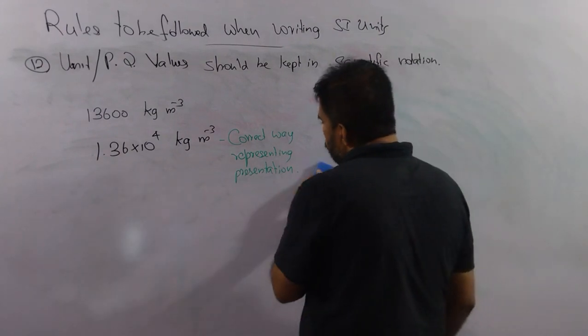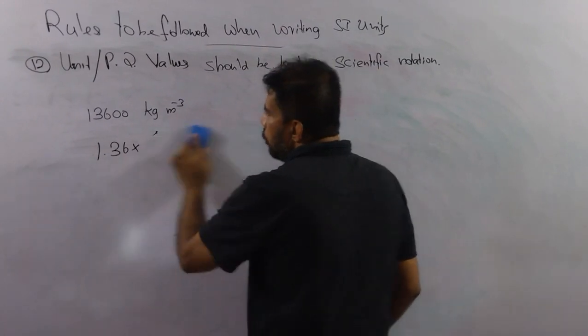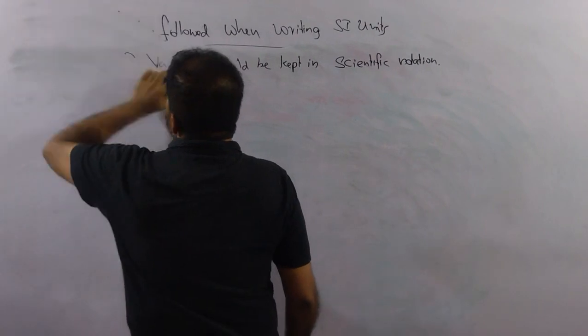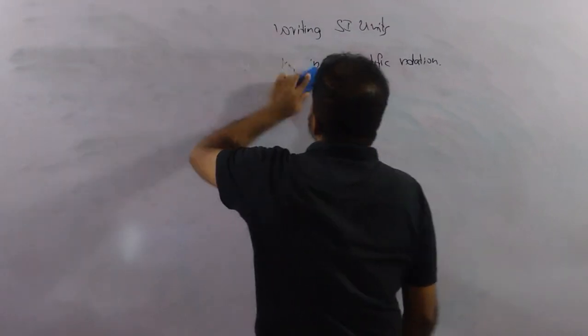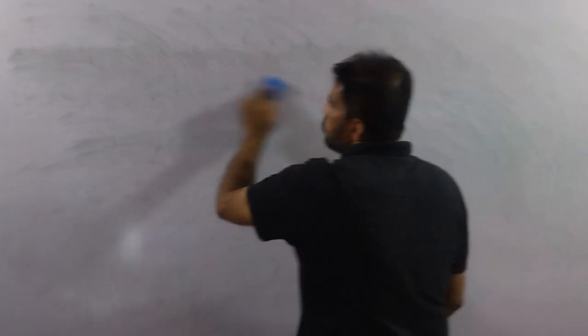Hope that is clear. So I'll erase it and we'll move to the next section, that is dimensional analysis. If I read out, then you can let me know. If not, then I'll move to the dimensional analysis lesson.